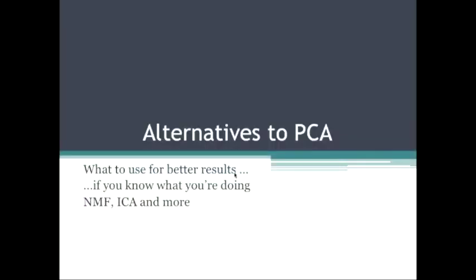Okay, so what about some alternatives to PCA? Some of you have been using those. Remember, the rule of thumb is you can get more information out of some of these alternatives, but they are more powerful tools. They are liable to do more damage, meaning that they'll give you results that you don't know how to interpret or that you will interpret in the wrong way.